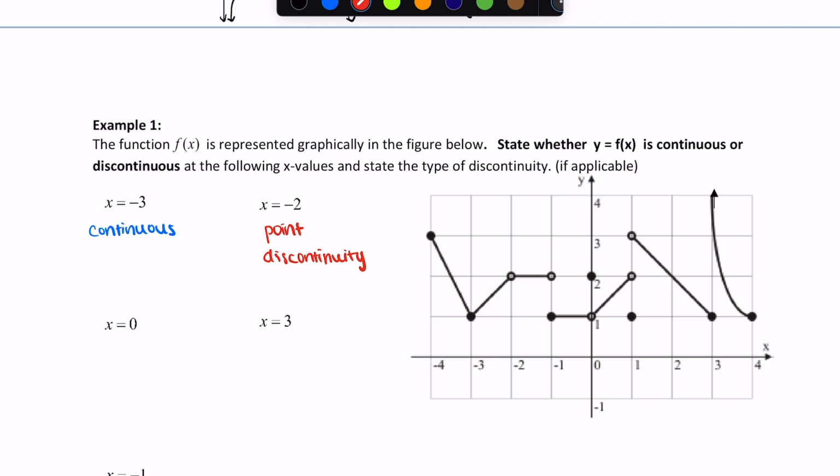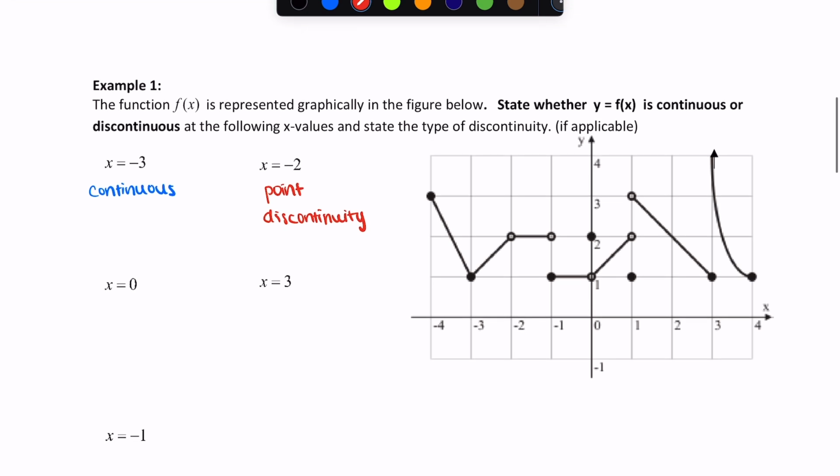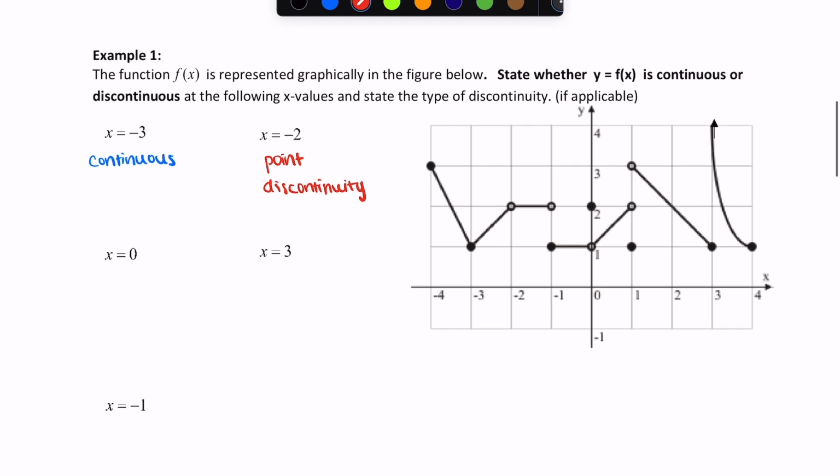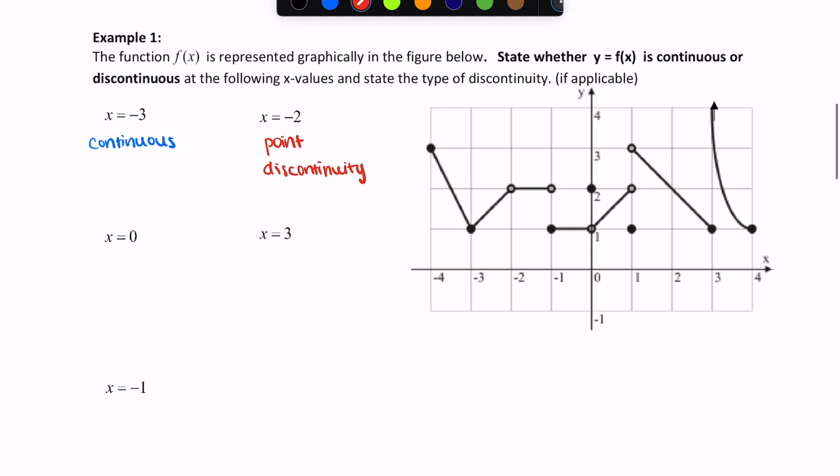Third, at x equals 0, we see here that there's another point discontinuity. At x equals 3, as we see, it continues on, and so this would be an infinite discontinuity.